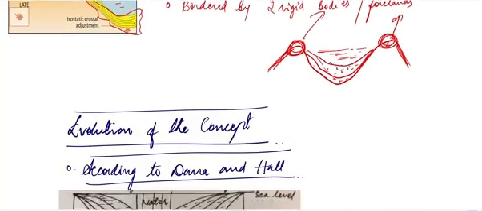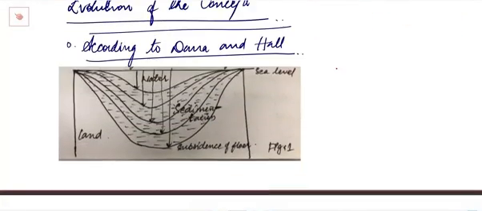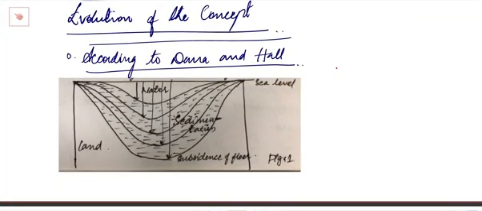Then next we will see the evolution of the concept. The geosyncline theory was first given by Dana and Hall. So what did they say? They first said that geosynclines are of marine origin. Marine means water origin, so they form in seas, or water bodies, under the water.